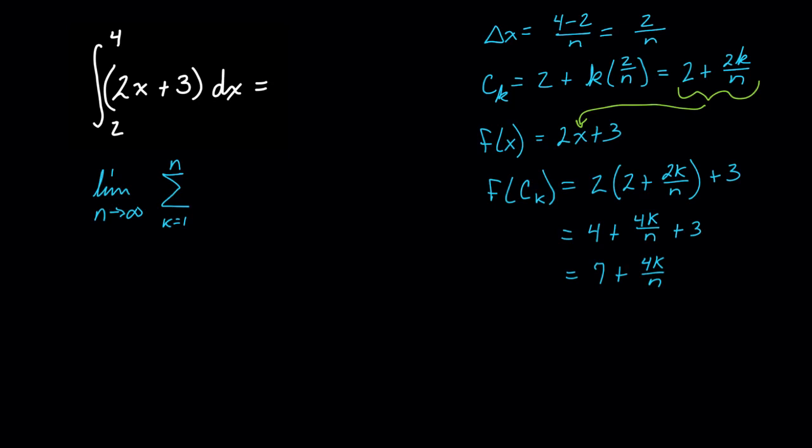Then we have f of c sub k, which is this part right here, and this is going to get multiplied by delta x, which is right up here. And that is your limit definition right here.